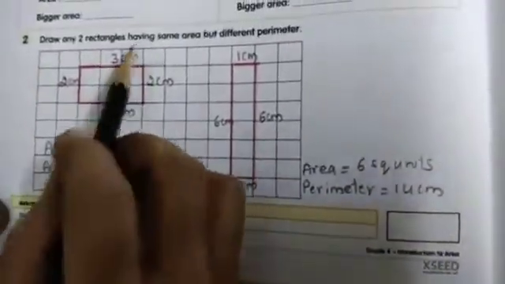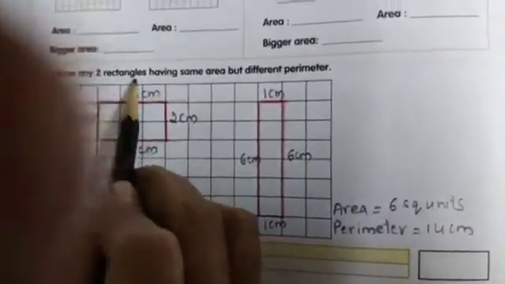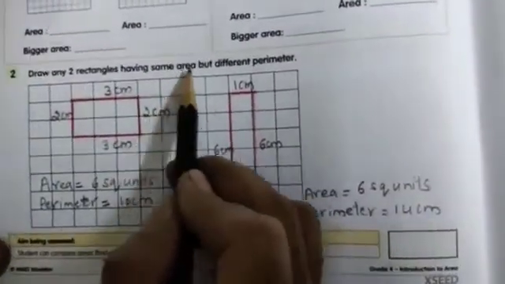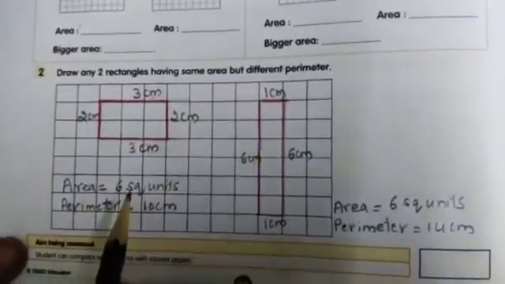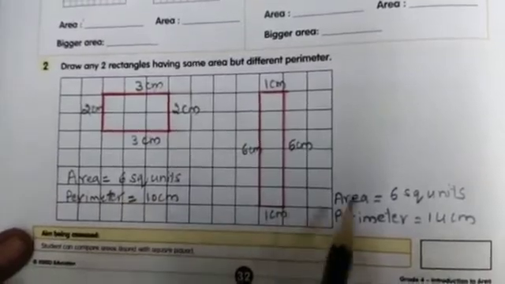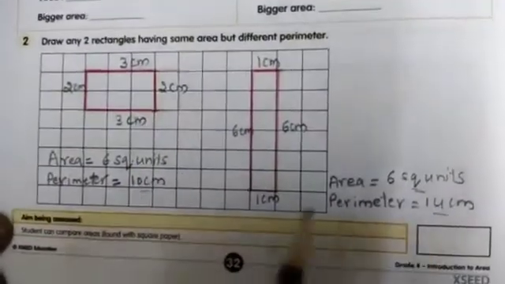See here what they ask, children. Draw any two rectangles having same area but different perimeters. See, these two shapes have the same area but the perimeter is different.